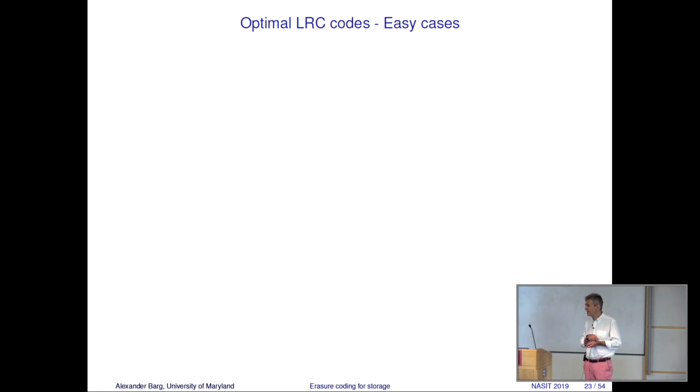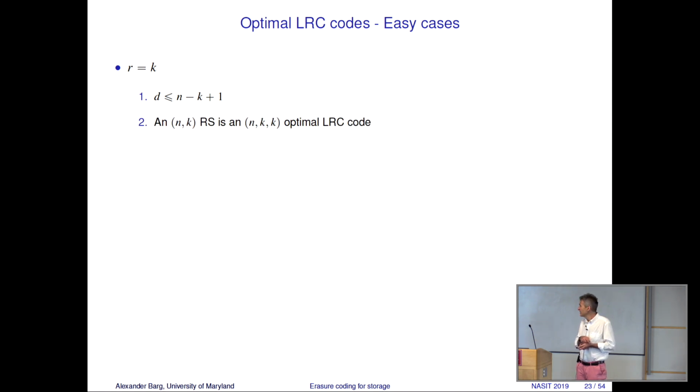Before introducing a construction I would like to discuss in more detail, let us discuss some easy cases. So locality k. As we said, most codes have locality k. The distance bound tells us that it is at most n minus k plus 1. A Reed-Solomon code is an optimal (n, k, k) code, where the second k is the number of helper nodes.